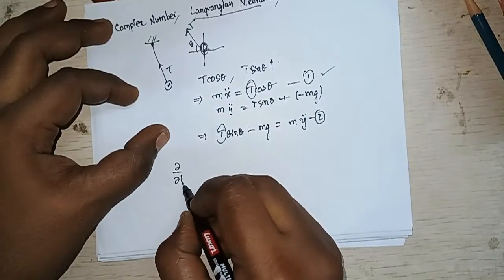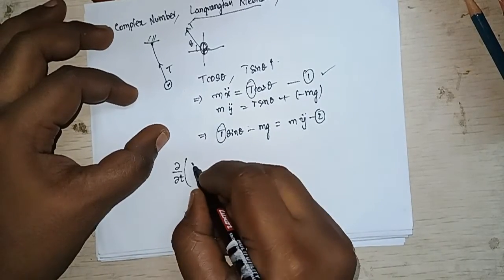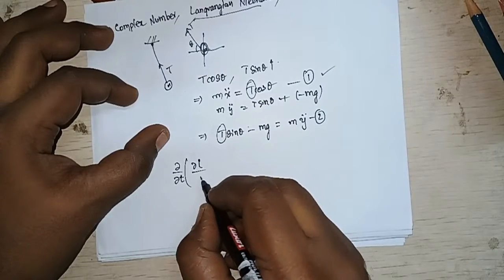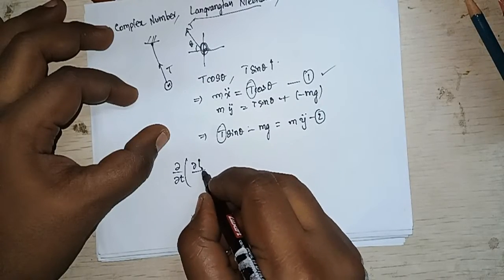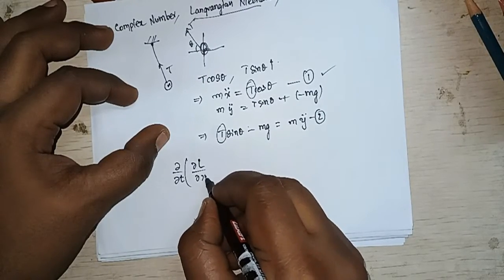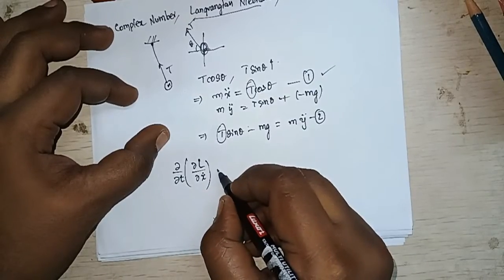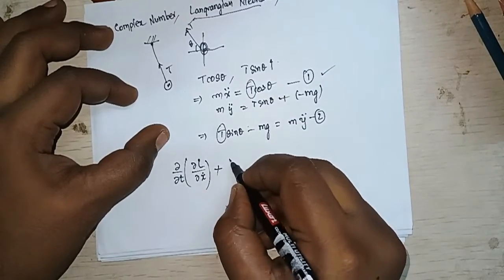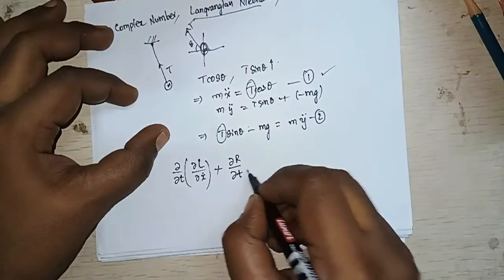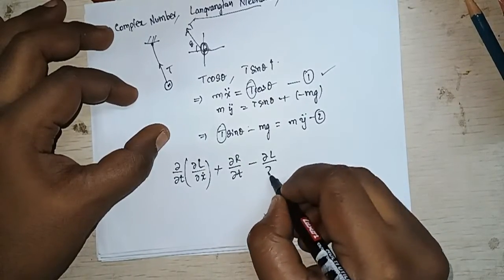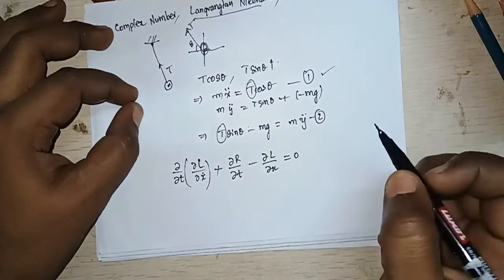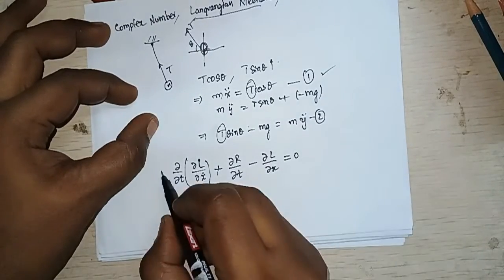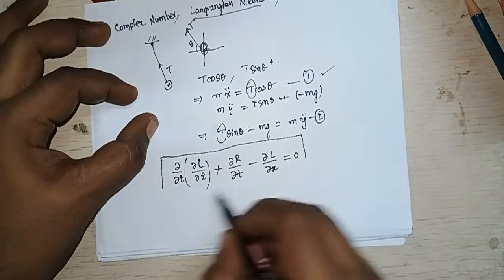Lagrangian mechanics involves deriving one function called the L function, and you have to differentiate that function, plus some reaction function, and then dou L by dou x is equal to 0. This is called the Lagrangian equation.